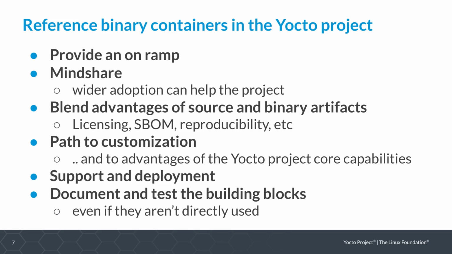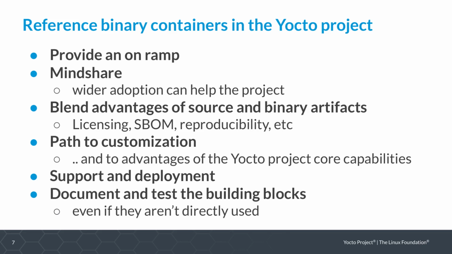Everybody would go pull in an Alpine-based container when they want a small footprint container. Well, it'd be nice if there was a Yocto Project-based, OE-core-based, similarly sized small footprint container that you could use as a base. That would help with the mind share so people would realize that you can do this, and then we can pull them into our ecosystem a little more easily without needing to accost them with the learning curve in order to get started.